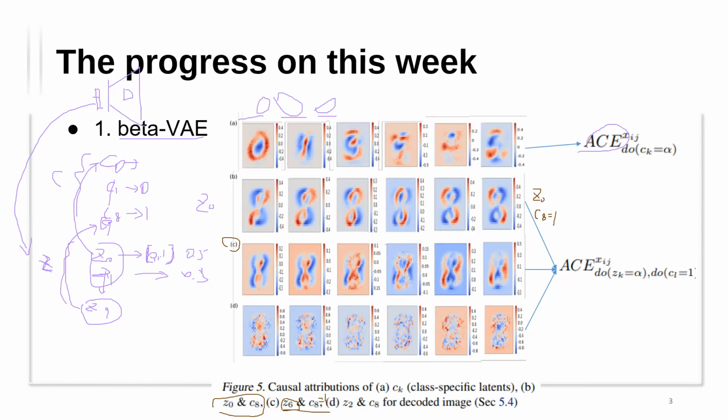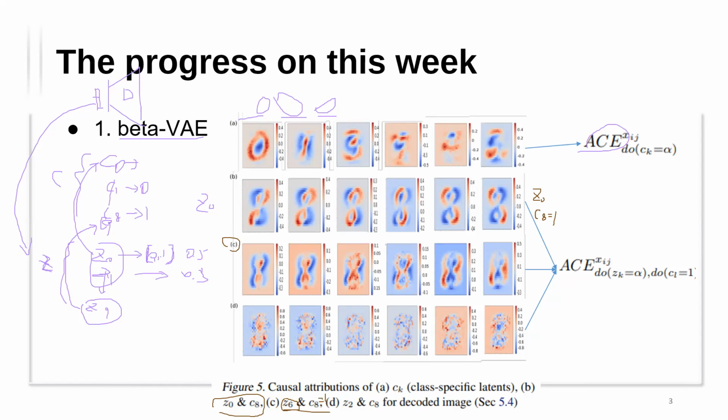So one Z can only control one C, is it? I don't think so. Here are the tricky questions, but we should not linger on this problem too much because it's not our focus.